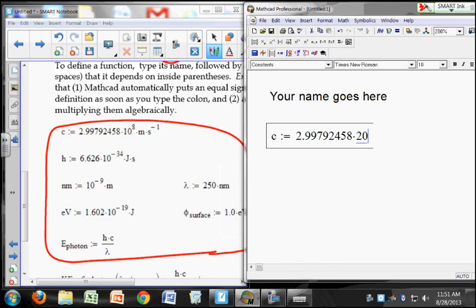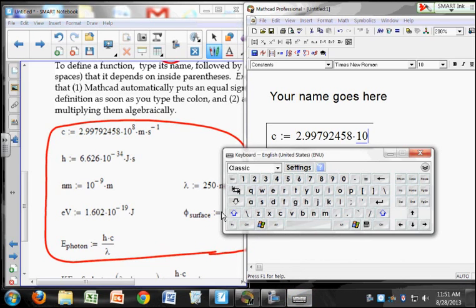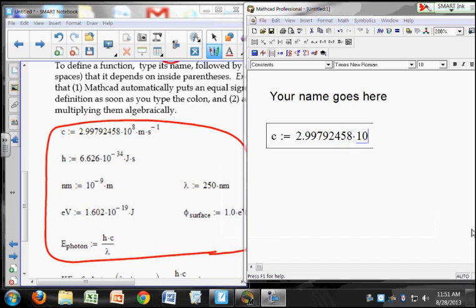And then 10 raised to the power 8. To raise something to a power, you press Shift 6. That's a caret right there. So you press caret, then 8. Everything you type after that will stay in the exponent.